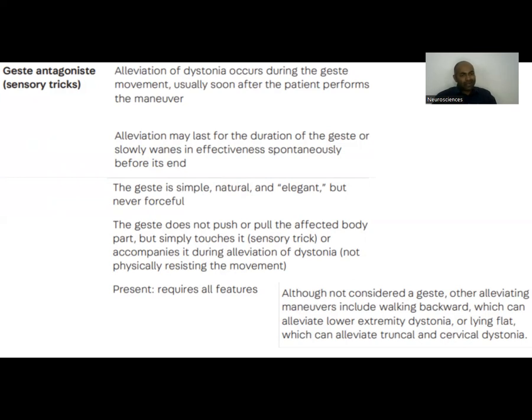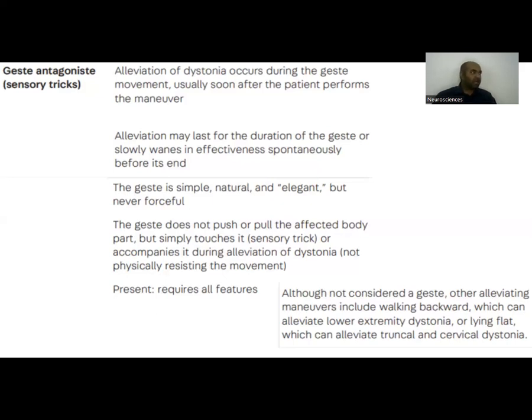Apart from the geste antagoniste, there are some other alleviating maneuvers, although they are not called classical gestes. For example, walking backwards can alleviate lower limb dystonia, and lying flat can alleviate truncal and cervical dystonia.